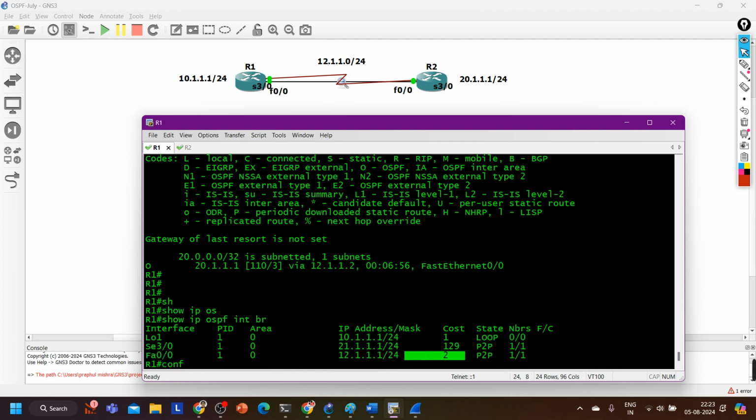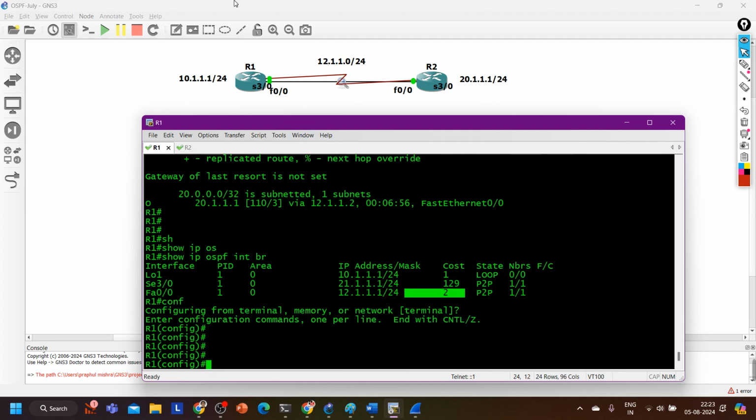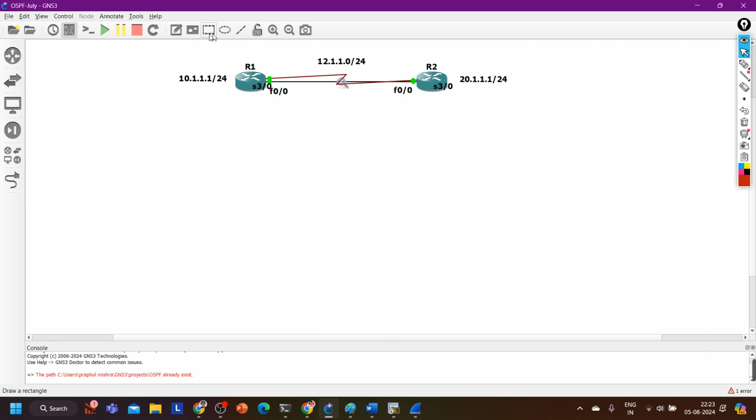So if I am going to configure, let's say, on the serial link, bandwidth 100 Mbps, and on the Fast Ethernet link I am going to configure a different bandwidth.